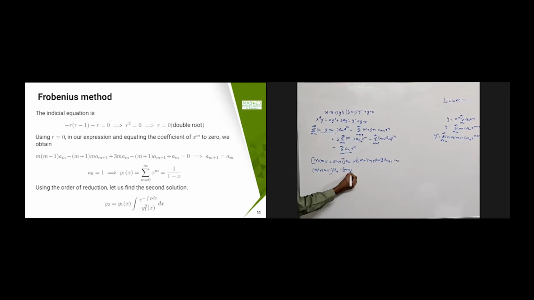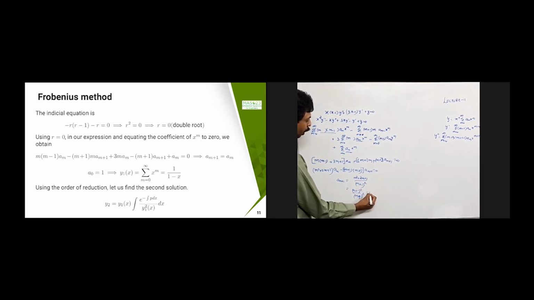Okay, m plus 1, if I take it out, this is going to become again m plus 1 into am plus 1 equal to 0. Therefore, I can write am plus 1 equal to m square plus 2m plus 1 divided by m plus 1 whole square. So this is nothing but again m plus 1 whole square divided by m plus 1 whole square.